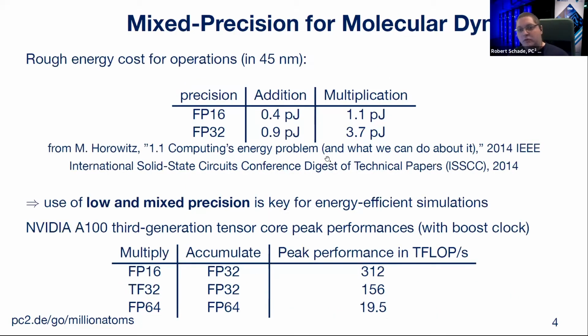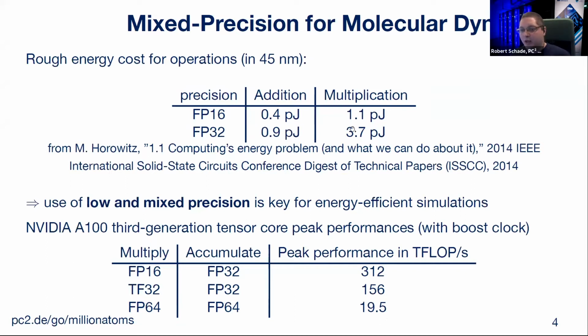So why do we actually need mixed precision for these molecular dynamics calculations? Here on the slide, you can see in the table above the estimated energy cost for operations, in this case in a 45 nanometer process, for half precision, so FP16. The addition is given as roughly 0.4 picojoules, whereas in single precision, so FP32, it's already estimated to be more than double that.